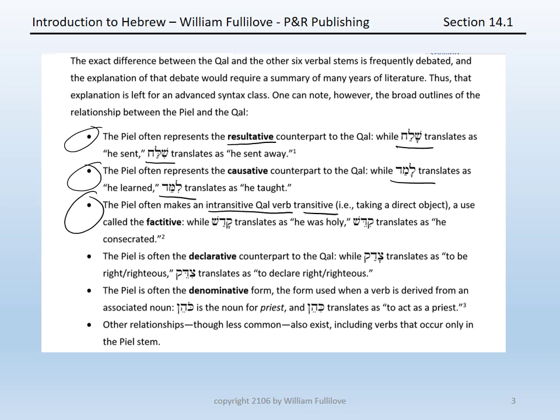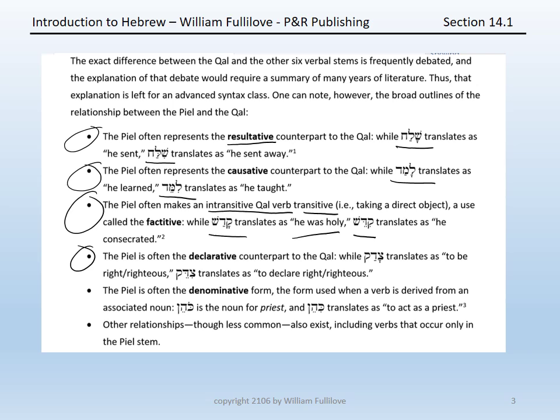This use is called the factitive. You might also hear it called a state causative. So the Qal, qadash, is to be holy. It would translate as he was holy. The Piel, qidesh, would translate as he consecrated, he made the thing holy.